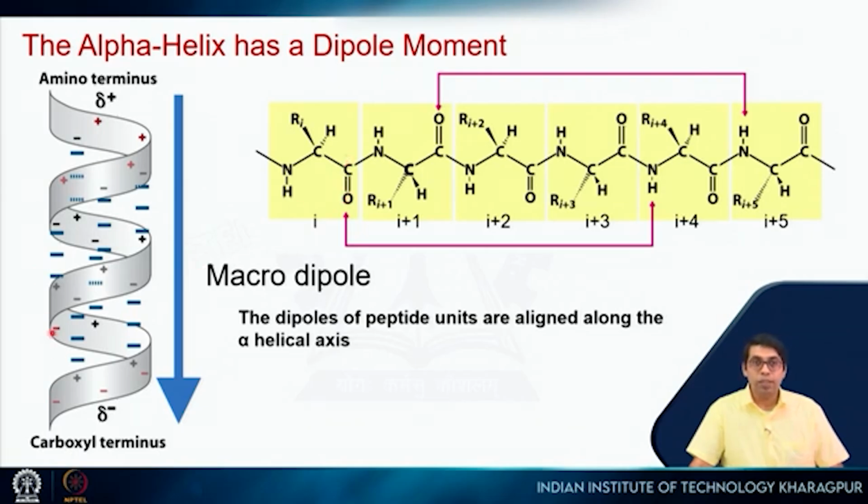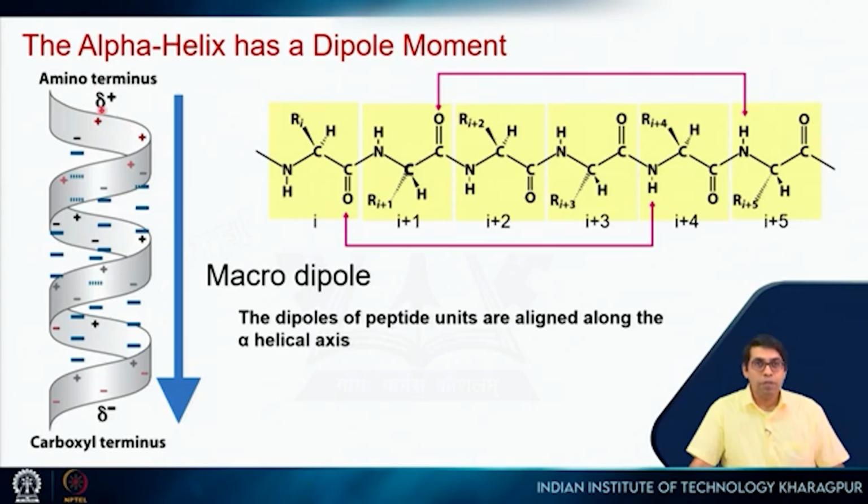So within the helix, all these partial negative and positive charges can cancel out each other. But towards the end of the helix, towards the amino terminus, there will be 3 carbonyl groups. So there will be these 3 positive charges. These are not satisfied by hydrogen bonds. These are partial positive charges, and towards the carboxyl terminus, there will be these partial negative charges coming from the oxygen, and these partial positive charges are coming from this hydrogen.